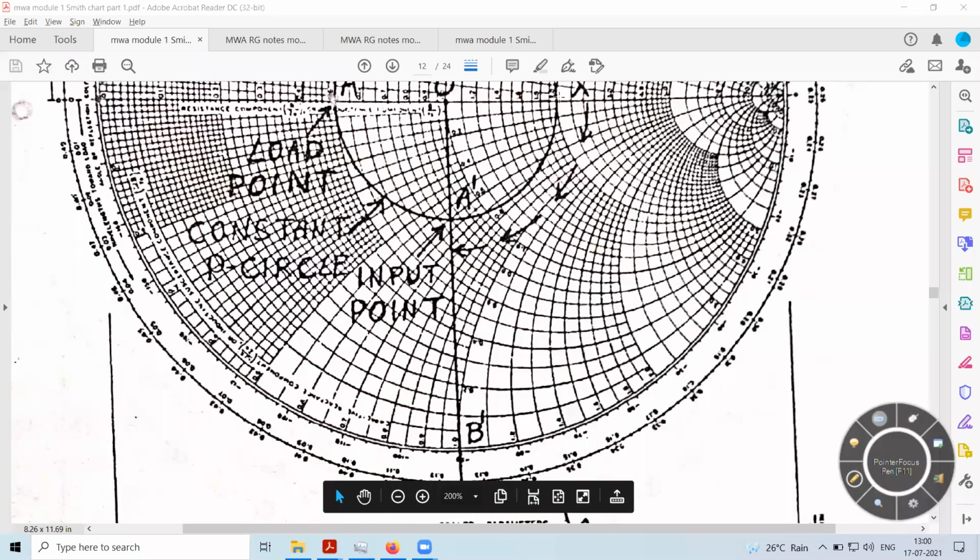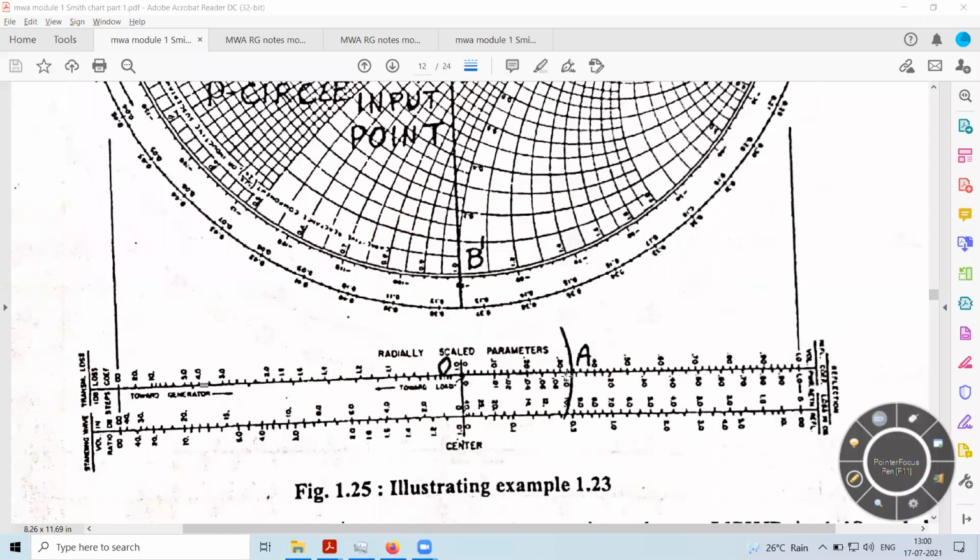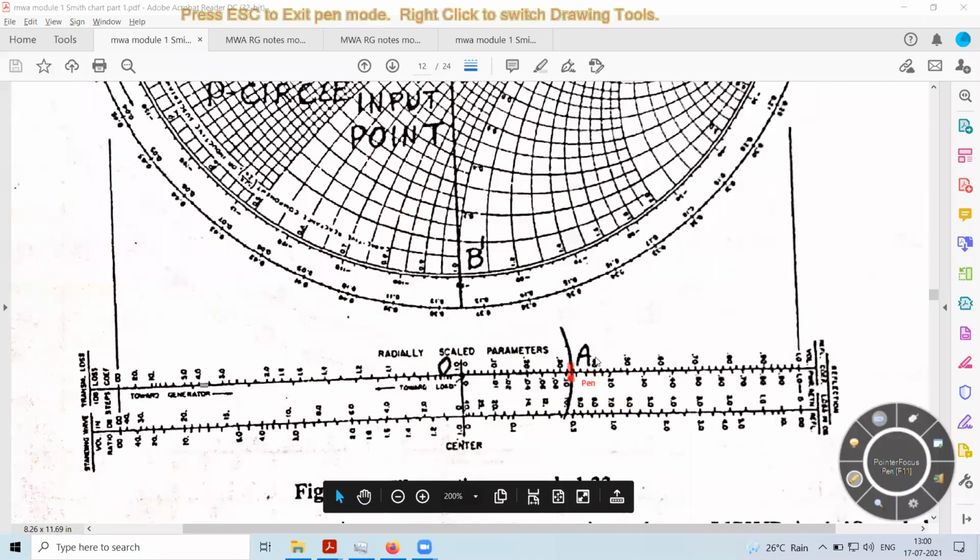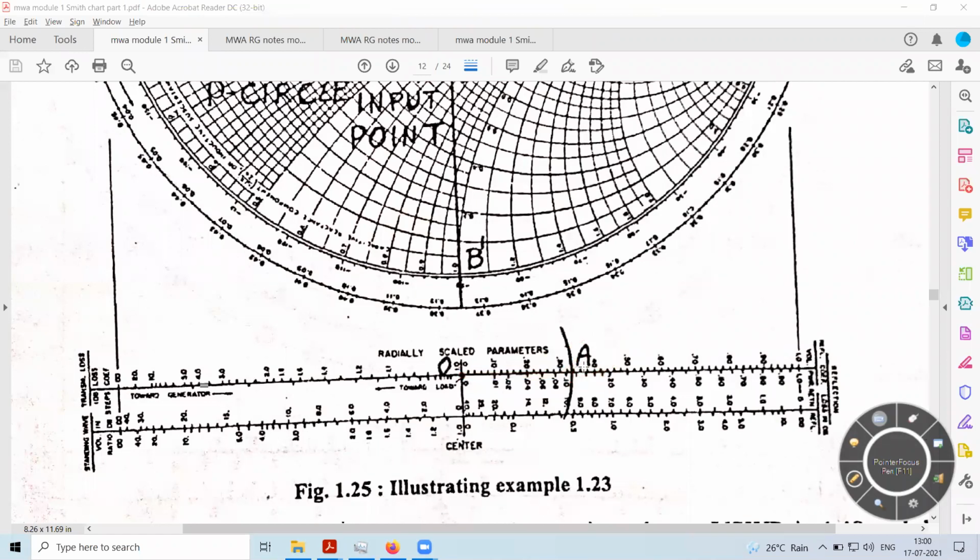You have to project one end of this VSWR circle onto that scale, and that scale will be cut at one of the points. In this case, they have specified it as A. When you read that point, you will be able to obtain the magnitude of the reflection coefficient.